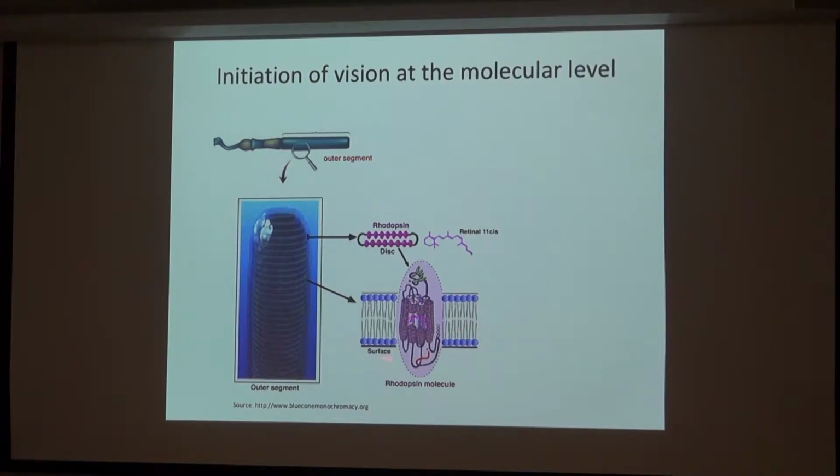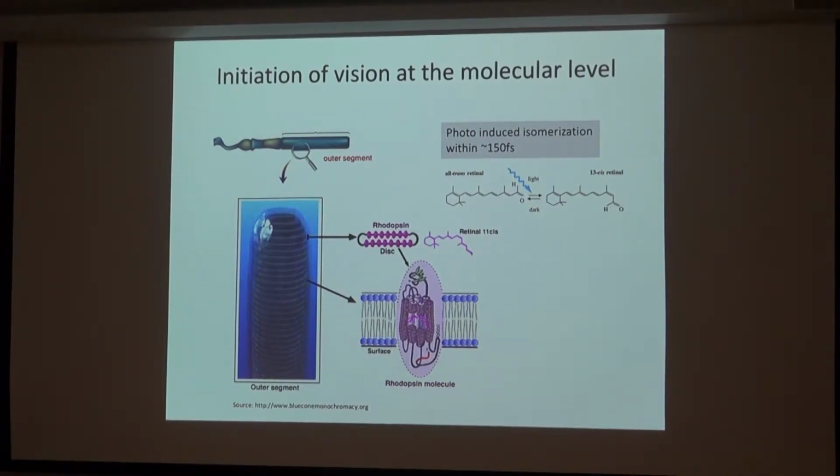That isomerization reaction also entails a physical rearrangement of this chromophore that then triggers a range of biochemical reactions within the protein, which then triggers the signaling cascade in the photoreceptor cells.